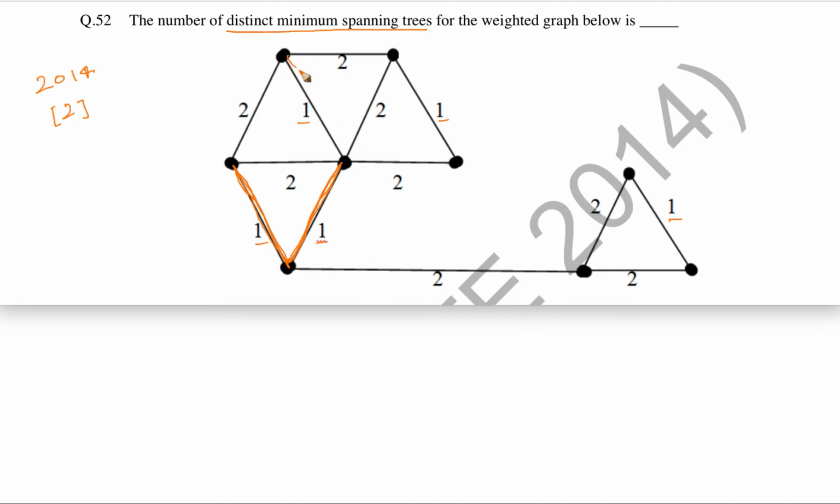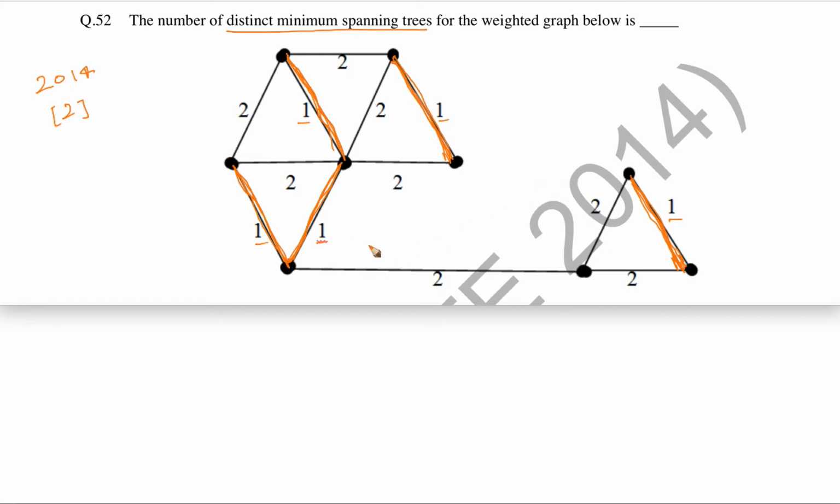Now we can add this one also. This is also having edge weight 1, and we can clearly add this one also because no loops are formed as of now. Okay, so 4 we have added. Now this one also can be added. So actually we have exhausted all the edges with value 1, and we have not formed any loop, so no issues as of now.